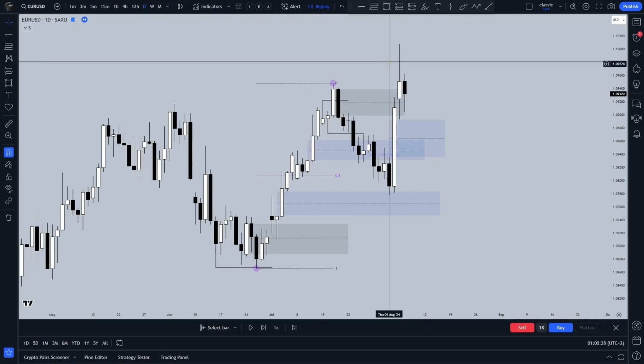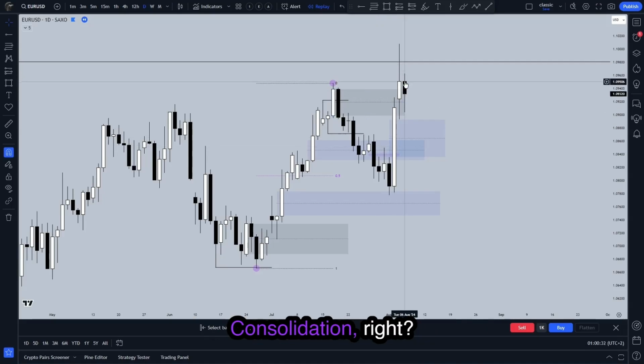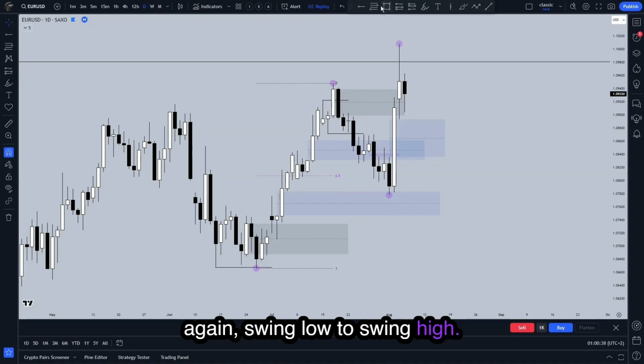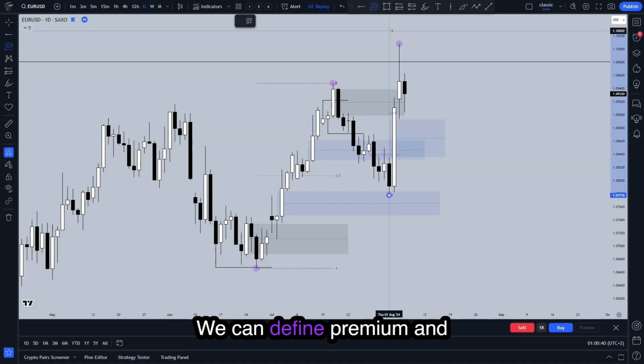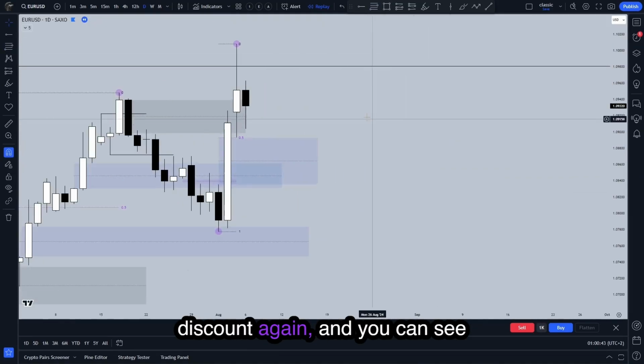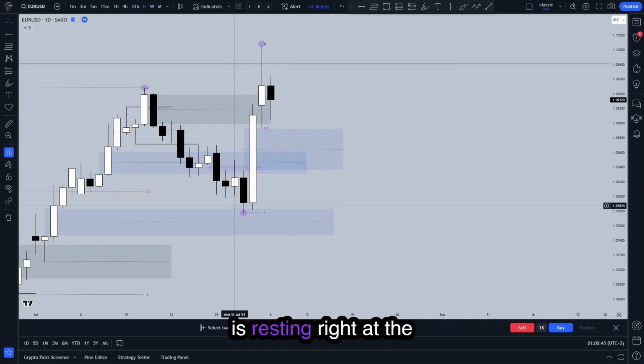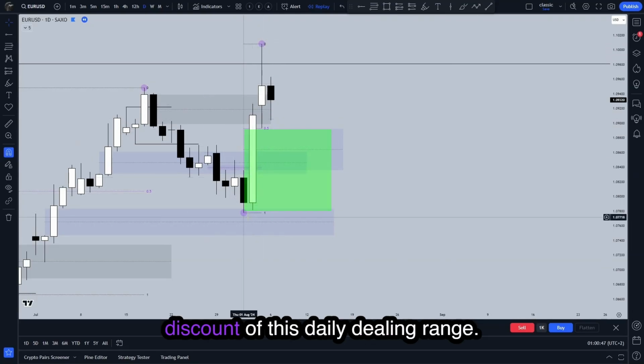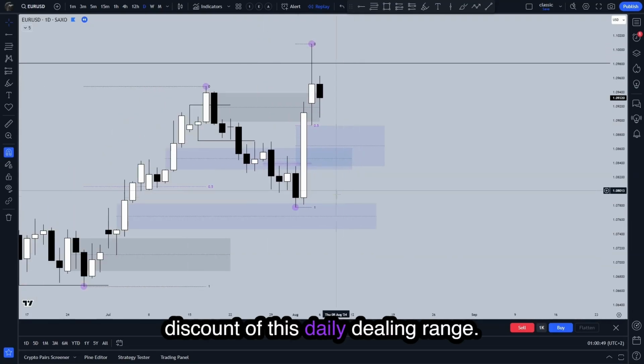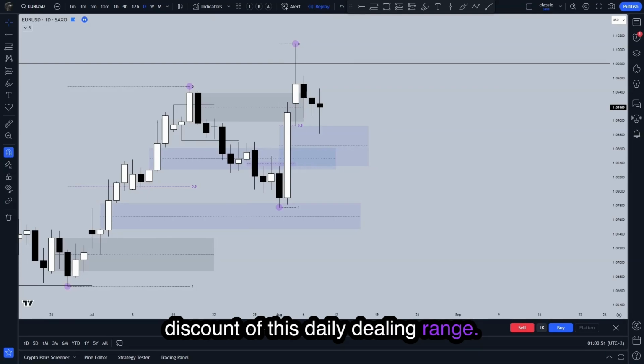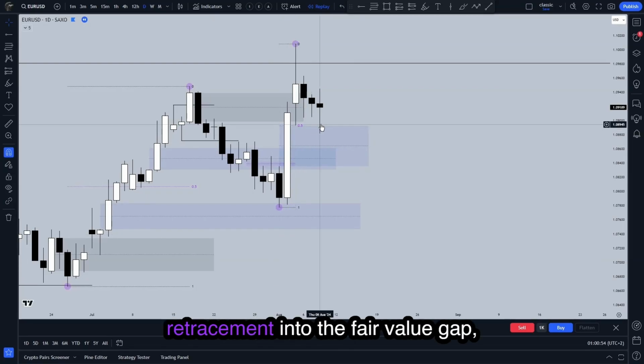So what happens next day after expansion into a key level? Consolidation, right? And we create a swing low to swing high. We can define premium and discount again. And you can see that the value gap is resting right at the discount of the daily dealing range. Consolidation and then retracement into the value gap.